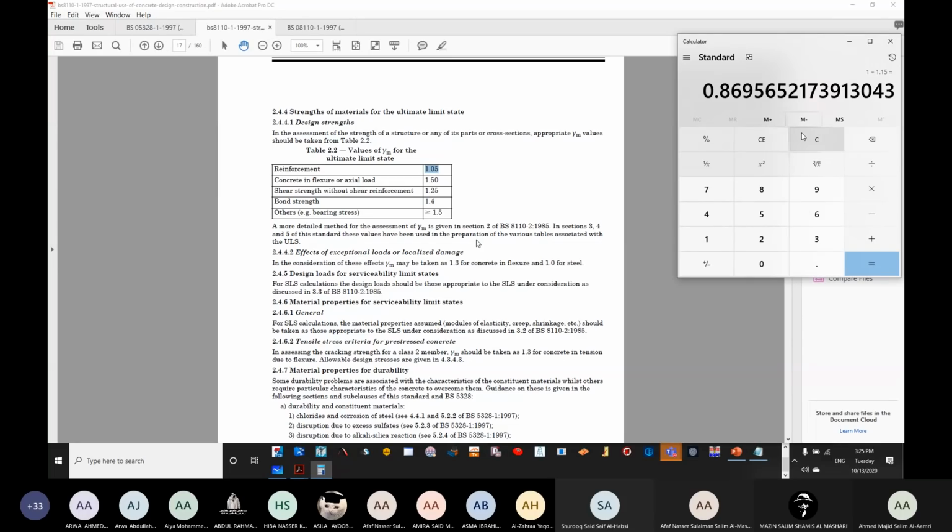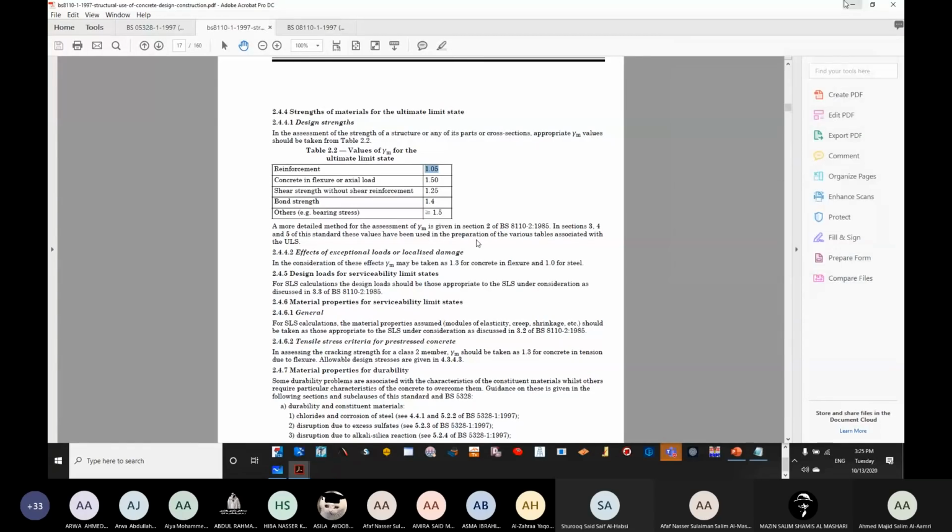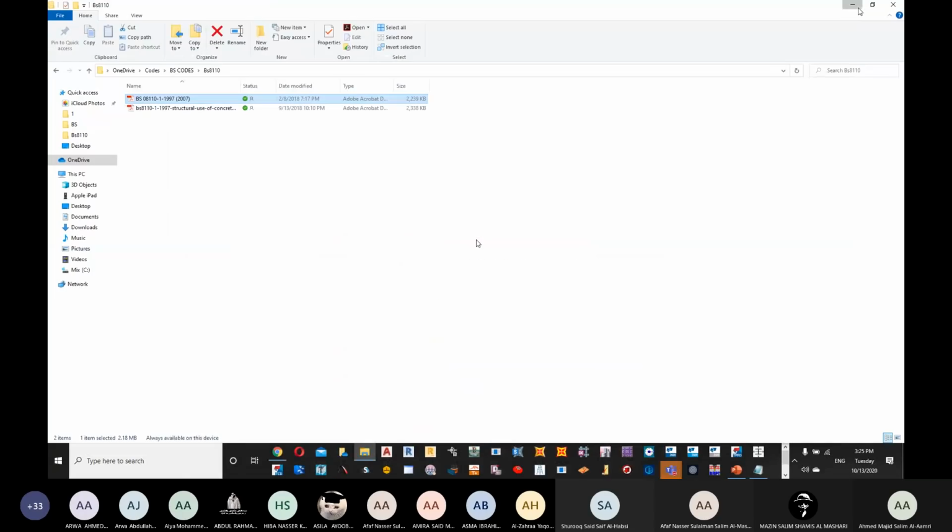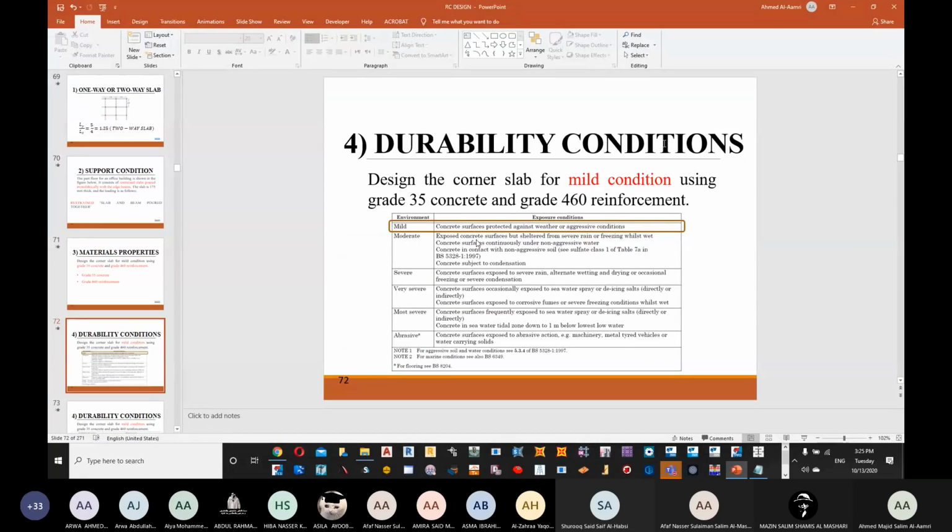So instead of using 0.95, we're going to have it as M divided by 0.87 Fy into Z. So whenever you are seeing other textbooks which are solving similar problems, you can see some of them are using 0.95, some of them are using 0.87. 0.95 is for 460, 0.87 is for 500. Both of them are fine as long as you are using the correct thing.